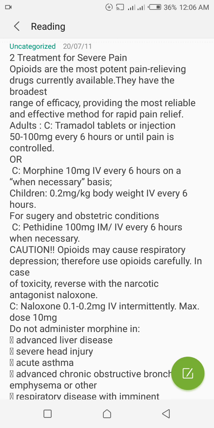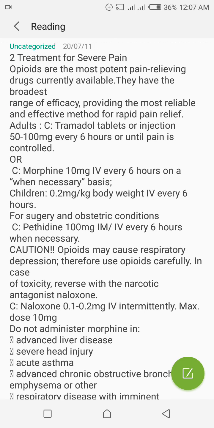For surgery and obstetric conditions, you use pethidine, 100 milligrams IM, intramuscular injection, every 6 hours when necessary. Caution: opioids may cause respiratory depression, therefore use opioids carefully in case of toxicity.